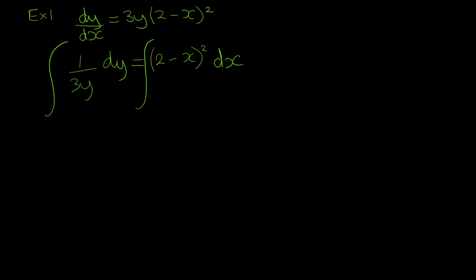So this first side is going to be a third ln y. We're going to need to think chain rule. So let me show you. We can deduce that it probably started life as some version of this.